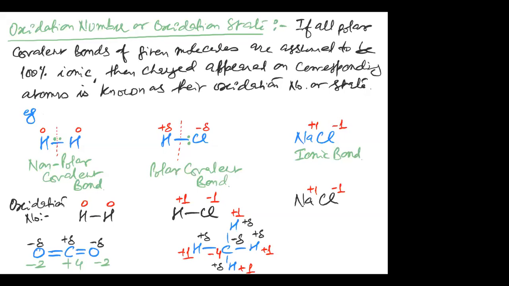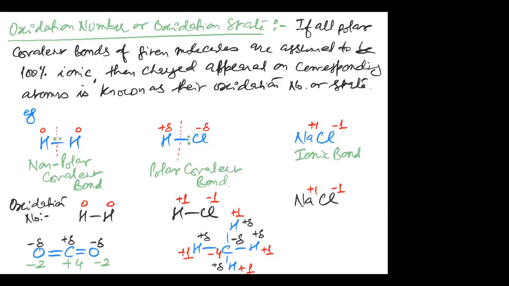We'll see a few rules related to oxidation number, how to find it out. But the basic thing is, in the case of ions, whatever charge appears is the oxidation number, and in the case of a polar covalent bond, you can assume it as 100% ionic.